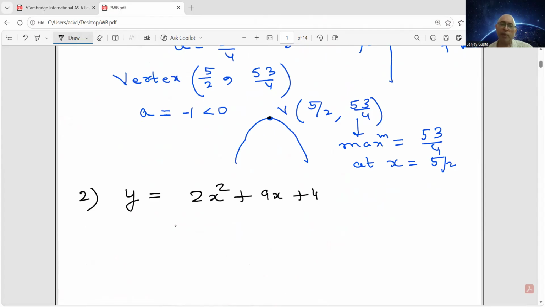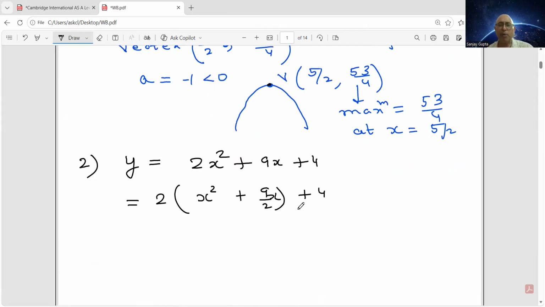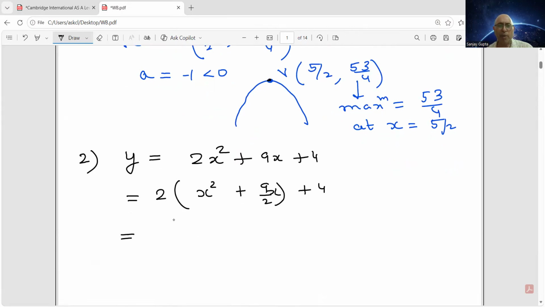Again, the coefficient of x squared is not 1, so I'm going to factor out 2. What will be left is x squared plus 9x over 2. Now what we do is divide this 9 by 2 by another 2, which is 9 by 4.